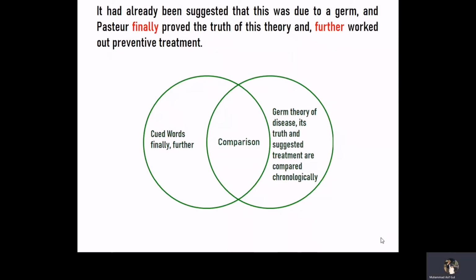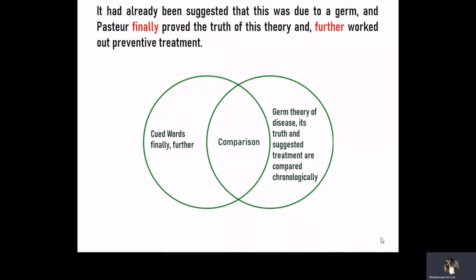Here, the germ theory of disease, its truth and suggested treatment are compared chronologically in a sequence. So this is how we can apply this activity of graphic organizer to understand a text in a better way.